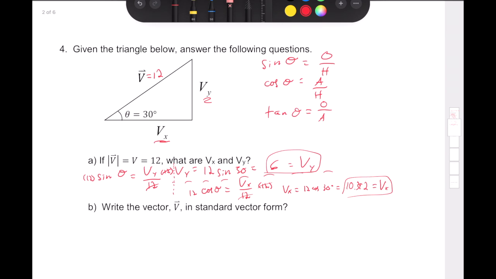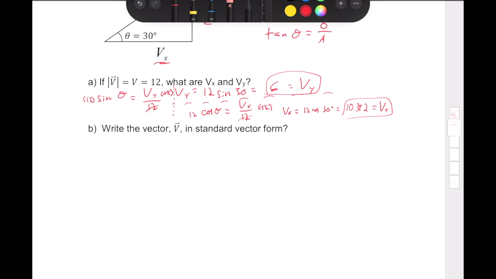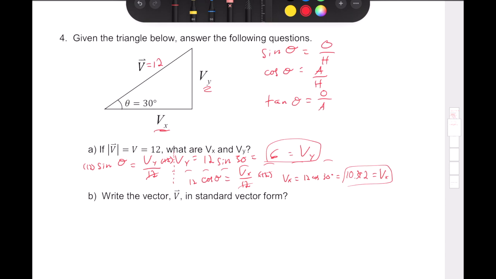Nice. Now it says write the vector v in standard vector form. What's that talking about? This is just saying write v in terms of how much x-ness there is and how much y-ness there is that gives us vector v-ness. So here's what that's going to look like. Vector v is some amount of x.